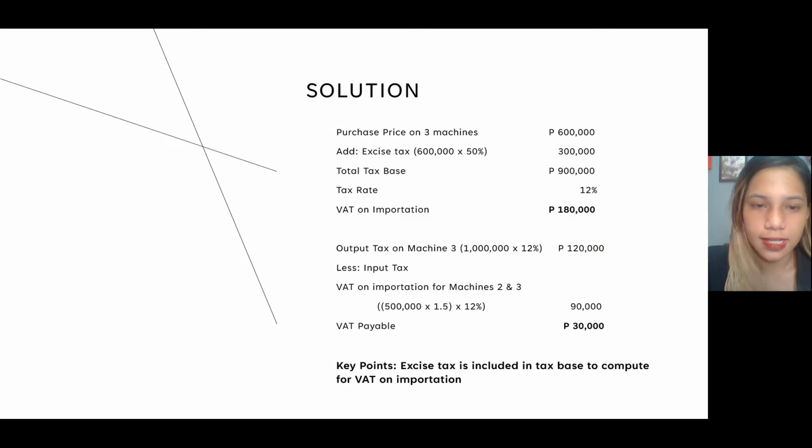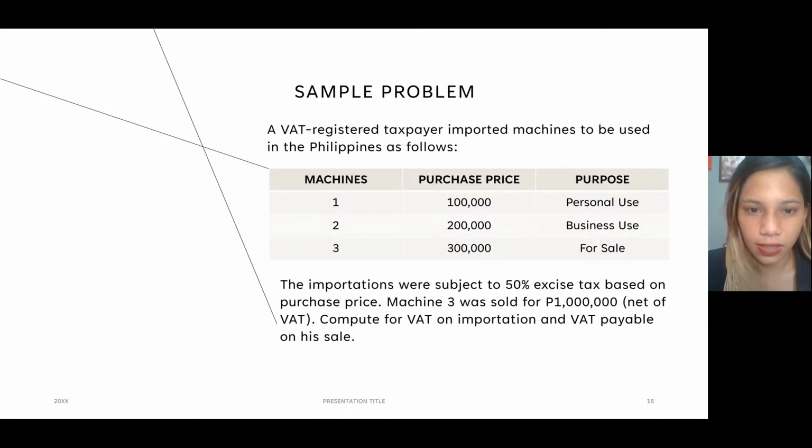This is the solution. The purchase price of the 3 machines, which is 100,000, 200,000, and 300,000, is equivalent to 600,000.